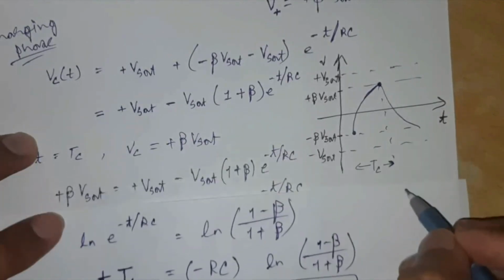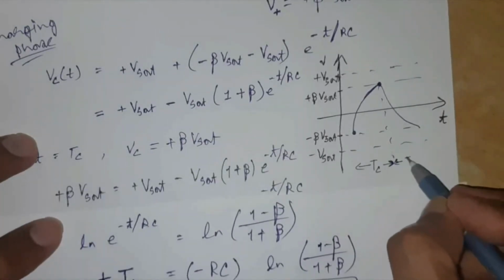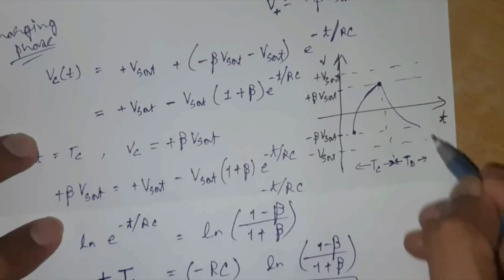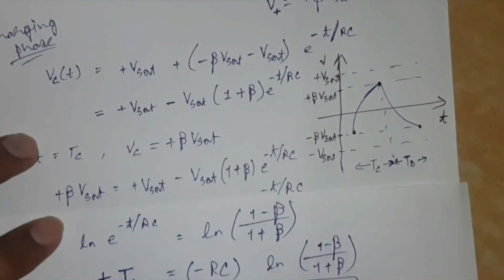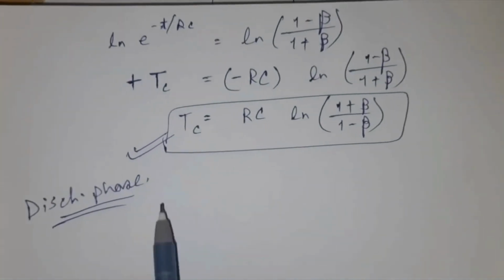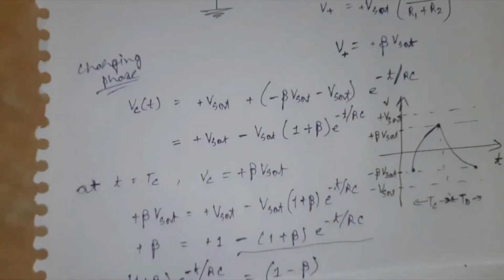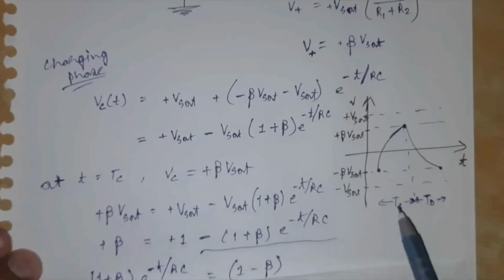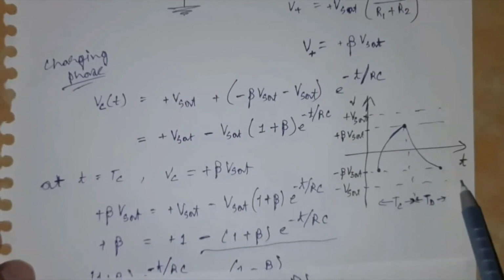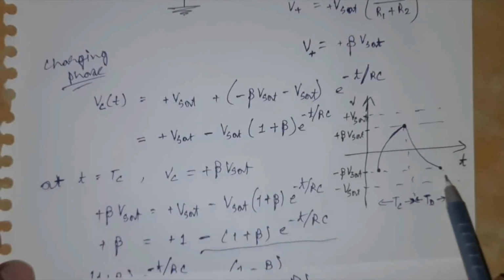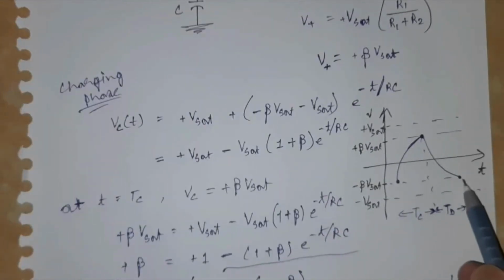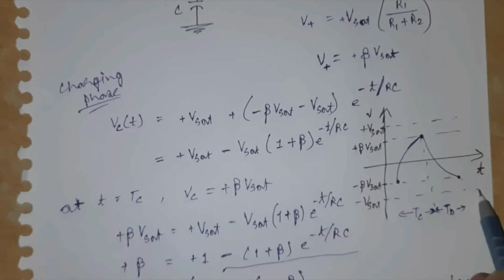Now what is the time of its discharge? So again we shall do a mathematical analysis. Now we are going to analyze this discharging phase. So for the final value, from the diagram here, we can obtain that if the capacitor is on for an infinite amount of time, then this capacitor would discharge till minus Vsat value.